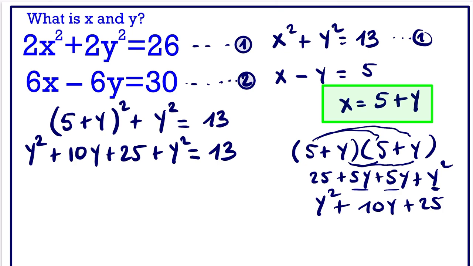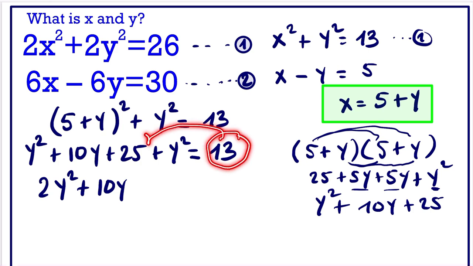Next, let's continue by bringing like terms together. y squared plus y squared will give us 2y squared, plus 10y. This is a like term. Then plus 25 and 13; when it crosses, it becomes minus. So 25 minus 13 will give us plus 12 equals 0.